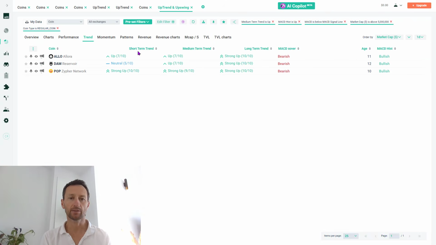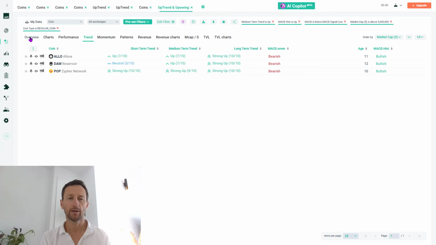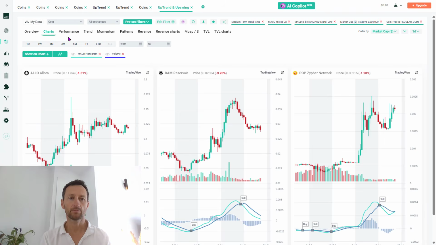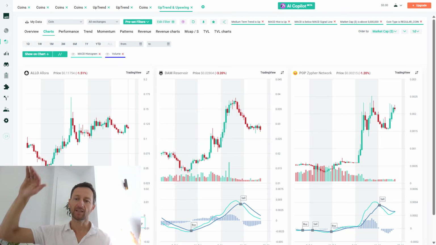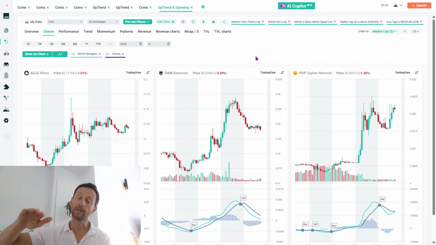Take a look at, again, the trend indication or trend ratings. These assets are in an uptrend, and their momentum, as defined by MACD indicator, is inflecting upwards again. So these assets have pulled back, but they're also already inflecting back up.